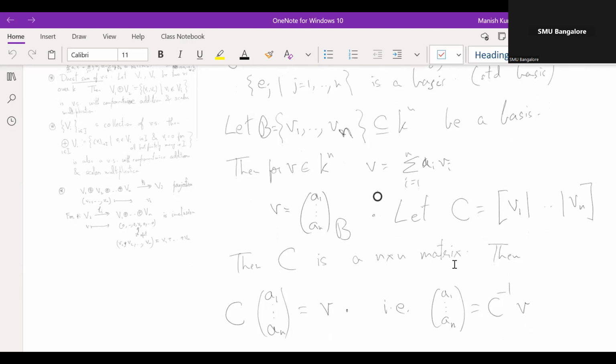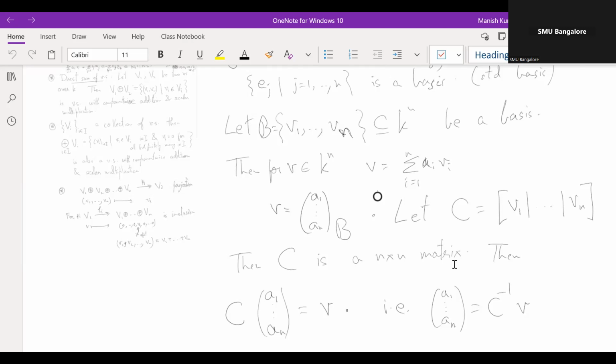So this is straightforward, right? If you think about it, we have V equals A1 V1 plus A2 V2 plus up to AN Vn. And what does C times A1 to AN mean? In the matrix multiplication, you take the first column times A1, plus the second column times A2, and so on.